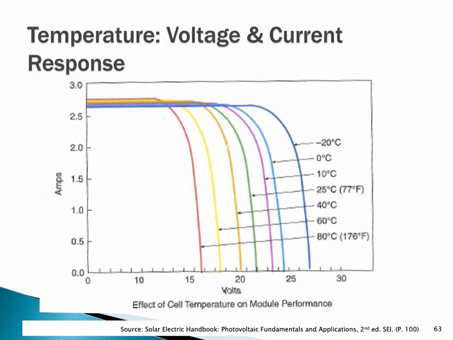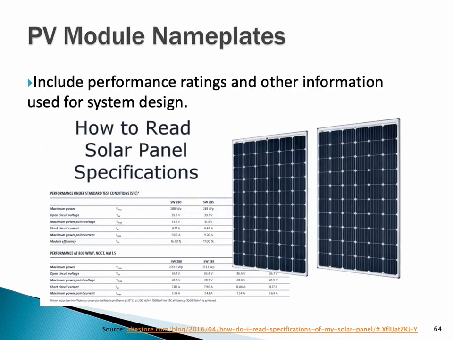That's really significant. Heat is resistance. So our voltage is going to go down, and our performance is going to go down. Our watts output will change. We started looking at module nameplates or data sheets. We'll be doing more of that in the future.